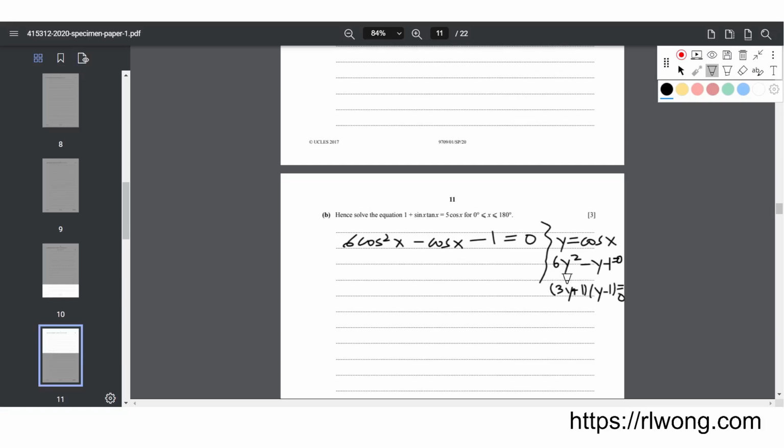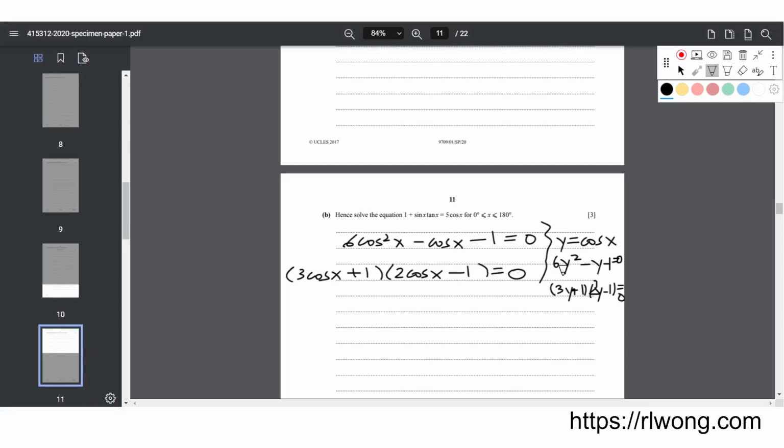Okay, minus 3y plus 2y. Oops, sorry, it's 2 here. So minus 3y plus 2y. So this is how I factorize it. So I have 3 cosine x plus 1 times 2 cosine x minus 1 equals to 0.